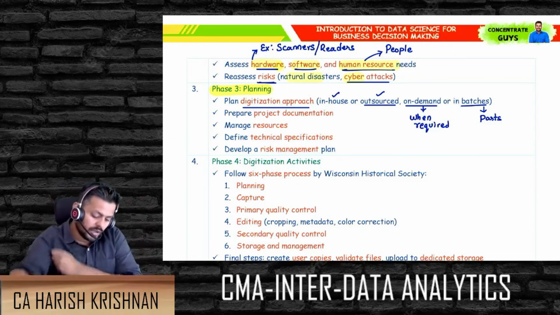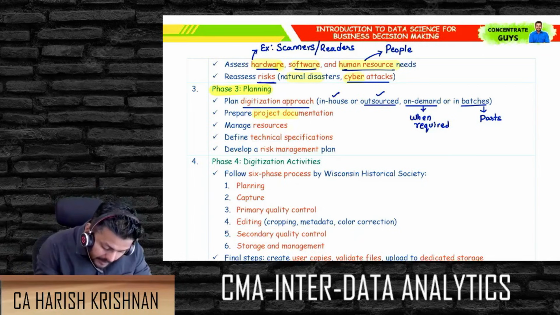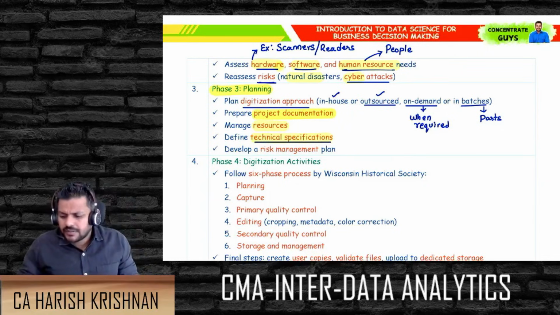So therefore the point is clear: plan a digitization approach, prepare the project documentation, manage your resources, define all the technical specifications, that is what are the devices needed. Technical specifications here can be anything, that is how much storage space is needed, in which format.